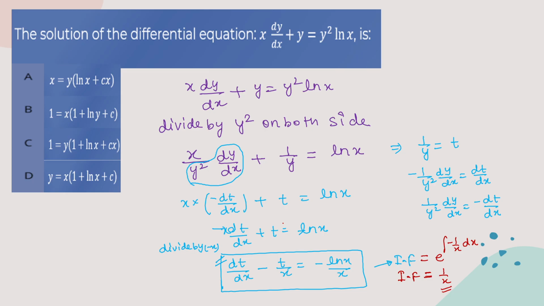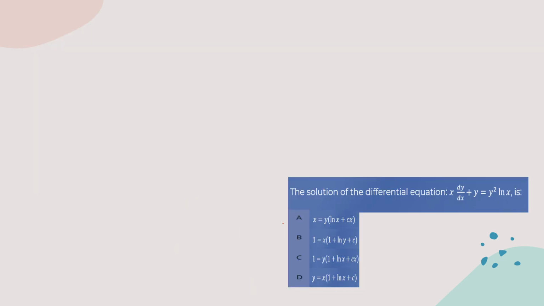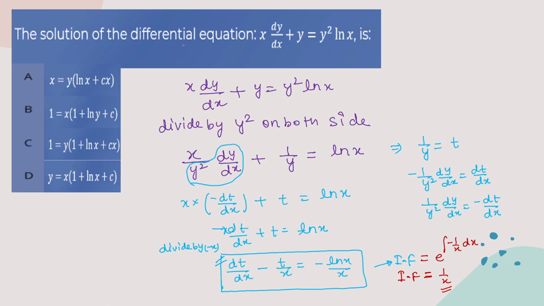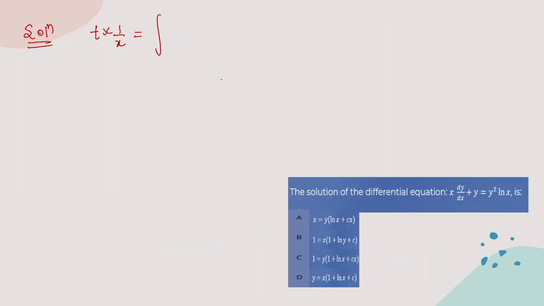So now let's write the solution then finally. So the solution will be t into 1 by x is equal to integration of, what was the right value, minus ln x upon x, right? So the Q(x) function is ln x upon x with the negative sign I am taking outside, into integrating factor, that is 1 by x.